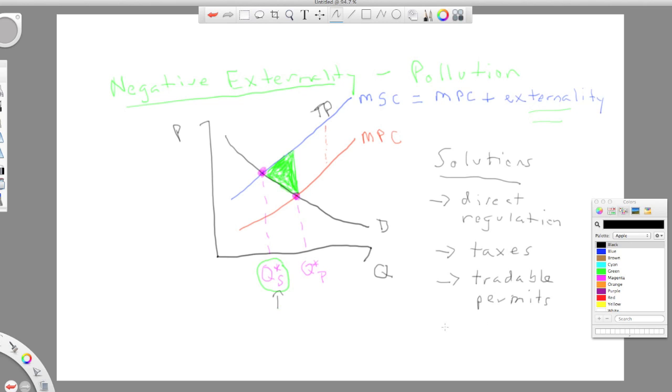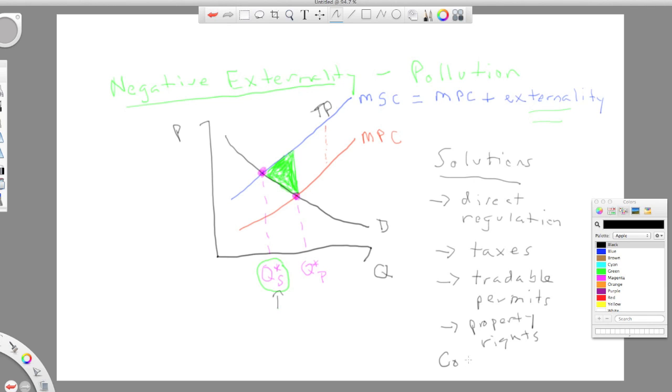And then the most free market kind of approach, one that is interesting from a theoretical perspective, though I'm not sure how practical it would be, is simply one that involves assigning property rights.